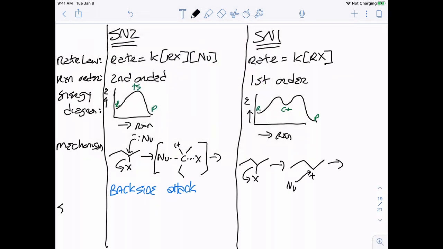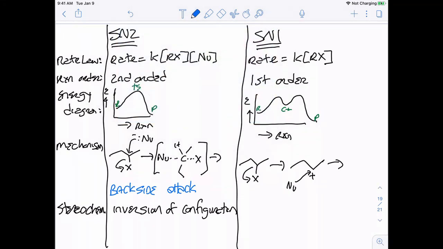We could add a stereochemistry column or row, stereochem, right? We're going to have inversion of configuration, right? If I started out with R, we end up with S. We start out with S, we end up with R because of that backside attack.